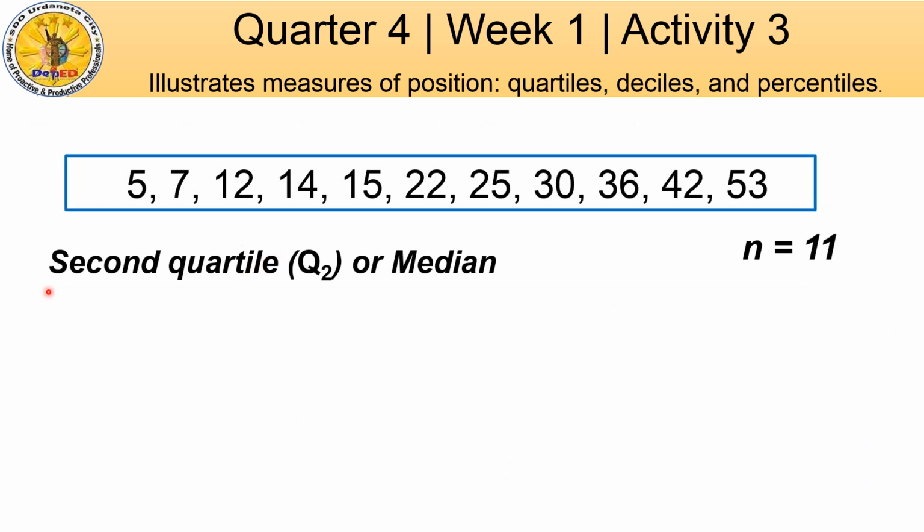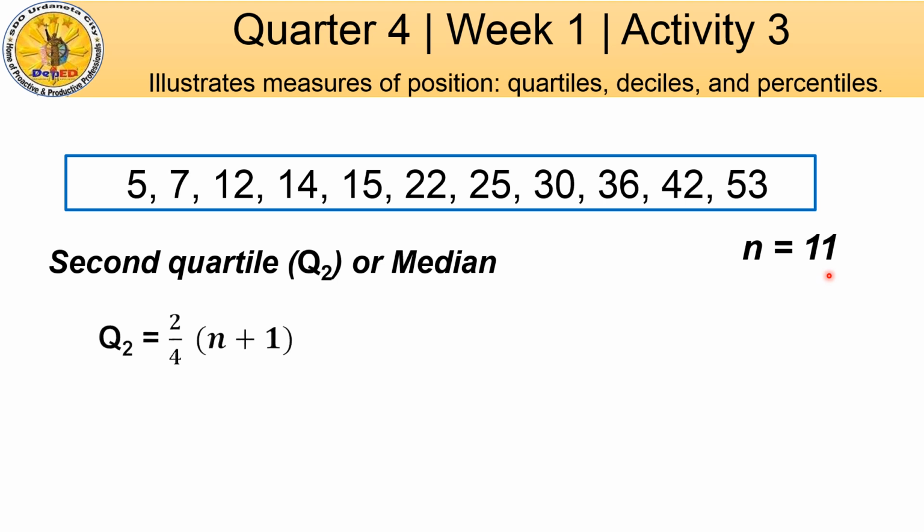This time, let's solve the value of the second quartile, Q2, also known as the median, using the same number of observations, which is 11. Applying the formula for the position of quartile 2, that is Q2 equals 2/4 times the quantity of n plus 1.